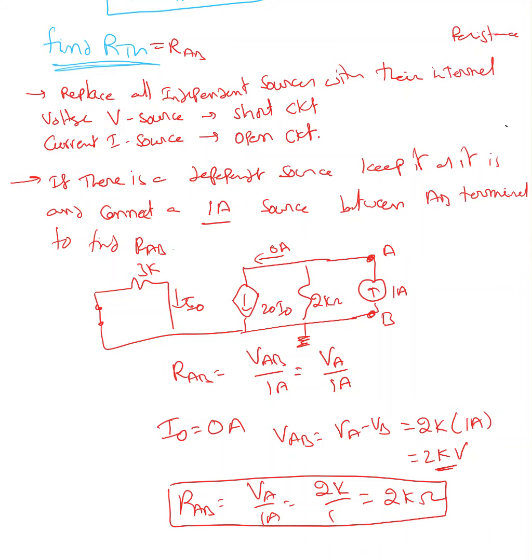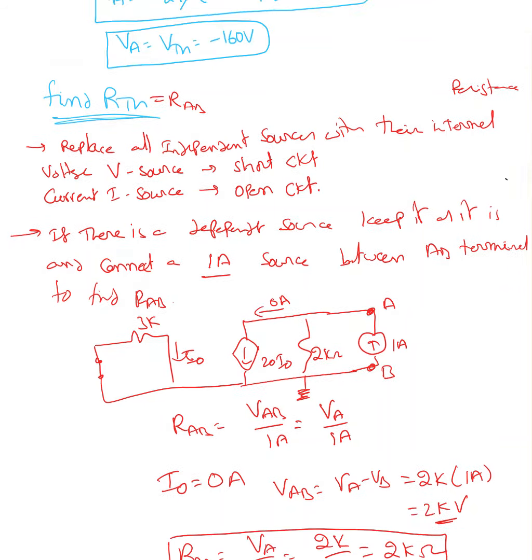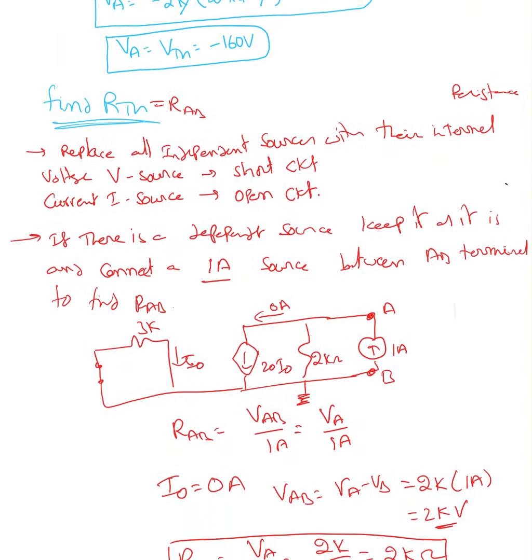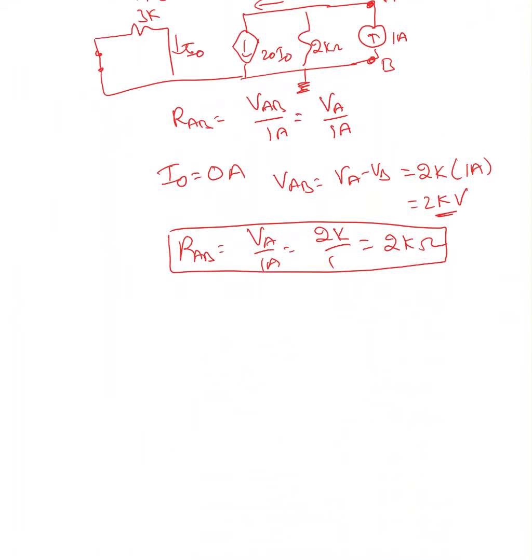Now the last step, I have V Thevenin and R Thevenin. My V Thevenin equals minus 160. So the final step is to draw plus and minus V Thevenin. I have this as minus 160 volt, and R Thevenin 2 kilo ohm.